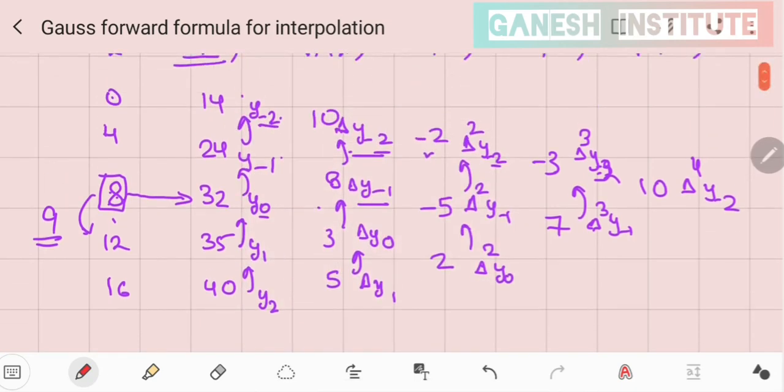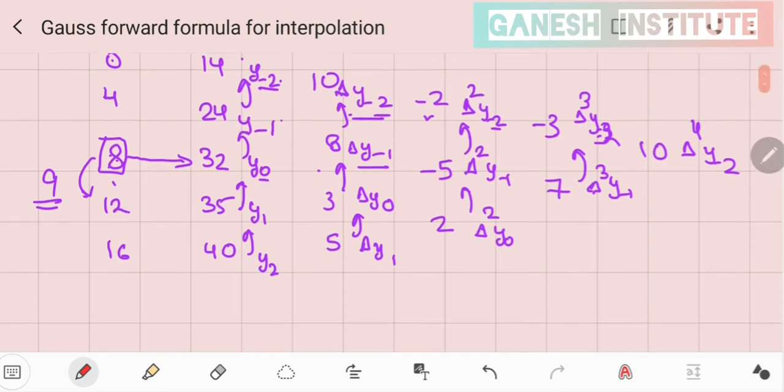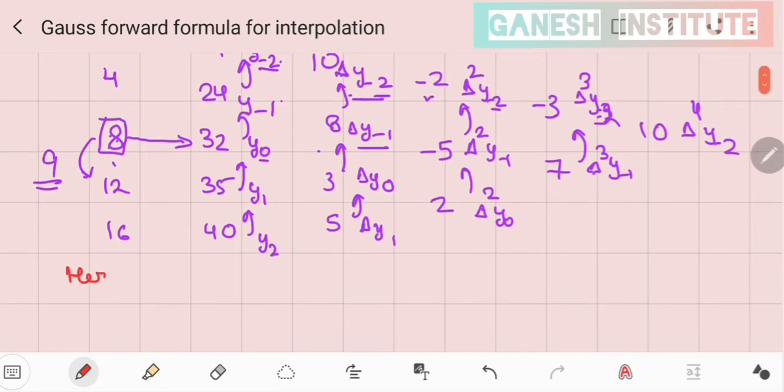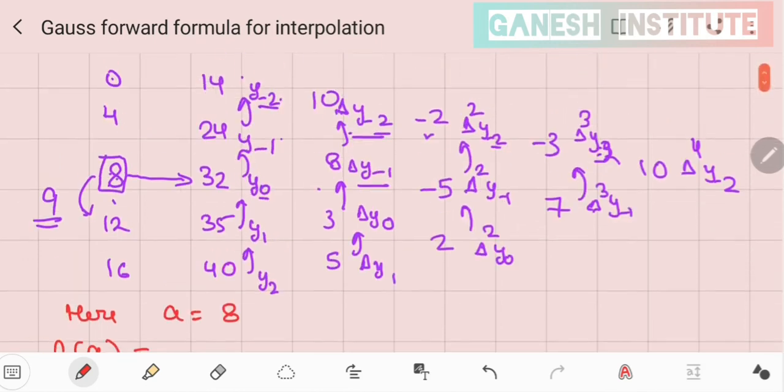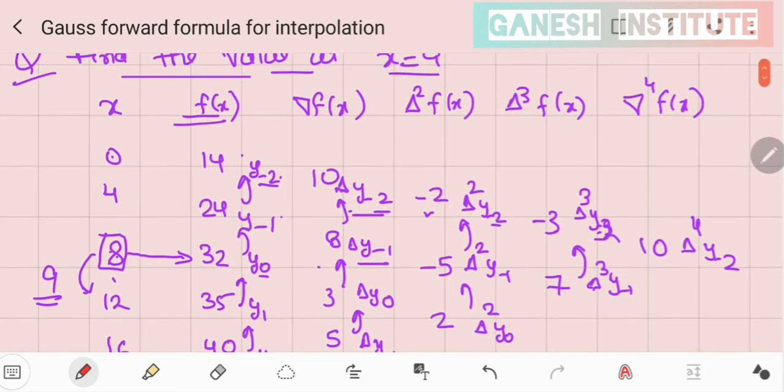Now what you need to do in order to find the Gauss formula: your base value is here, that means 8, and you need to find the value of f(9), right? Just like we have been doing in Newton's forward formula, there is also a formula for Gauss forward. It will start with a plus hu, but this time we are not using del f(x), we are using these notations, okay?